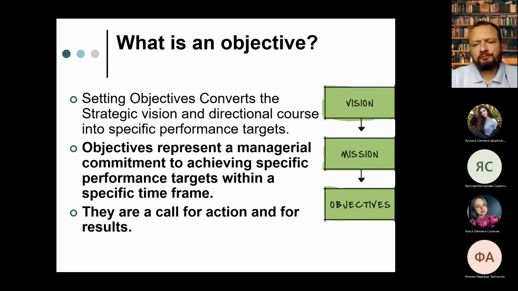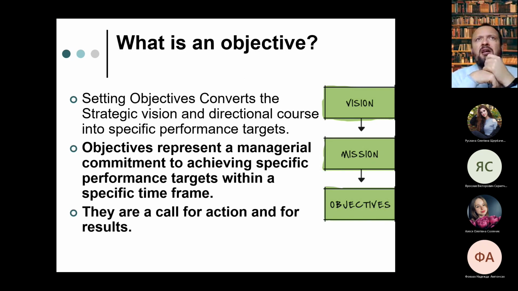So, what is an objective? An objective is some result, and having formulated the mission statement for our company, we have to divide this big general result. It's not a result, I mean the mission statement.